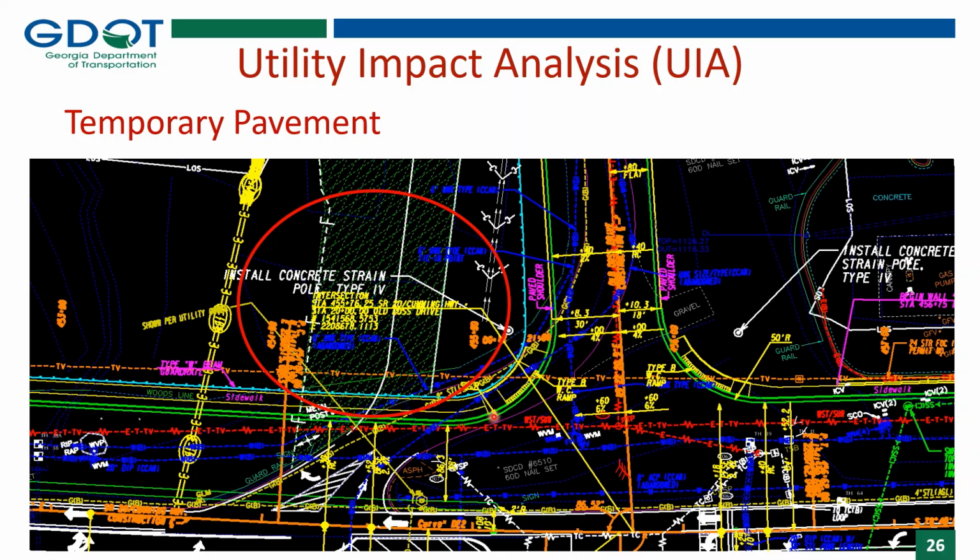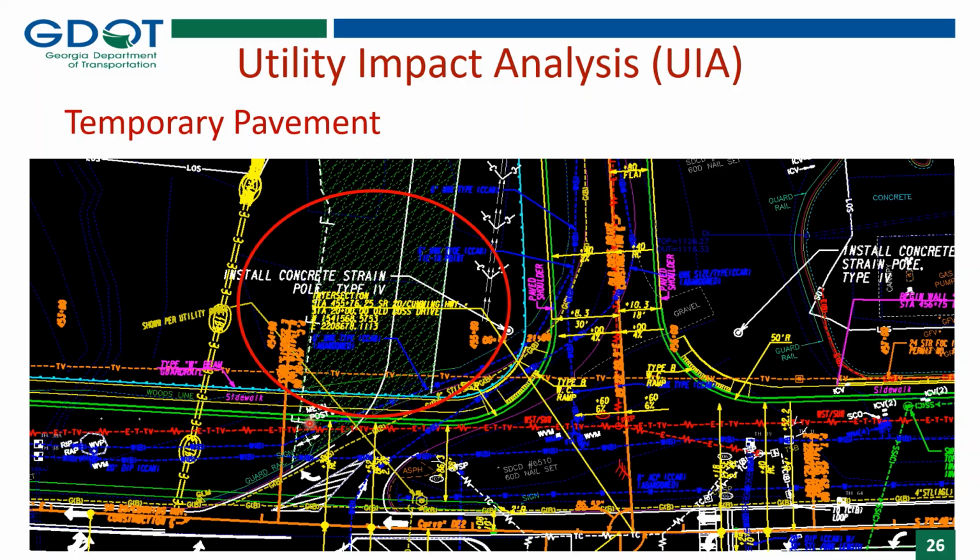And this here is the new proposed side street, and the green solid line is the new curb and gutter. So what you see in conflict here with the temporary pavement, you'll see there's a fiber optic TV line that comes across under that temporary pavement.